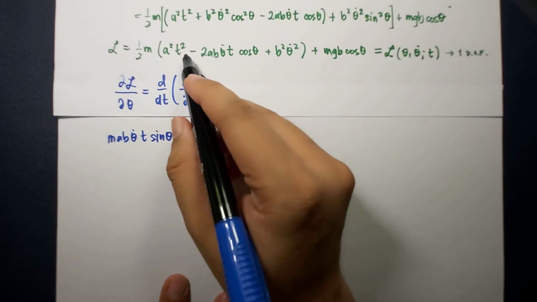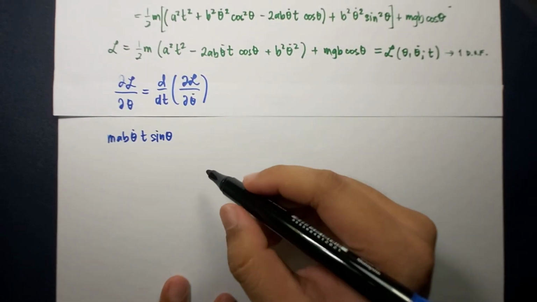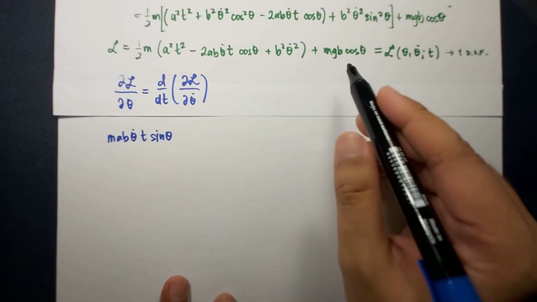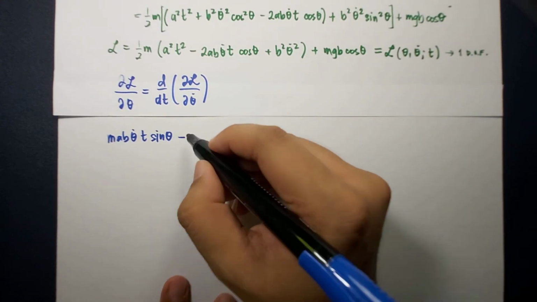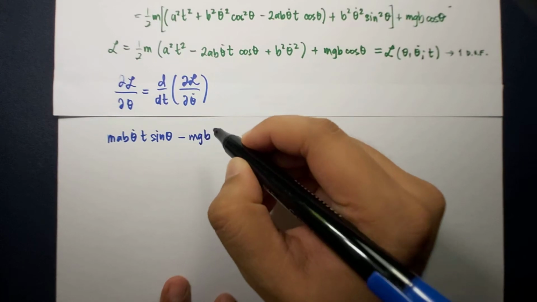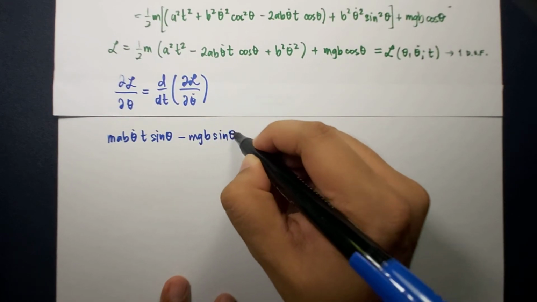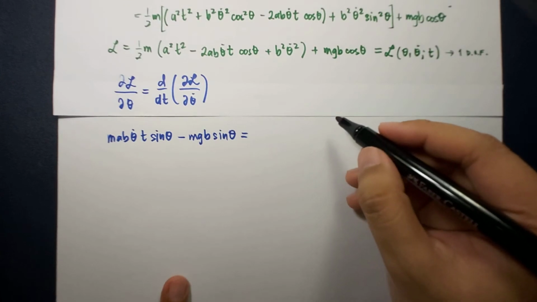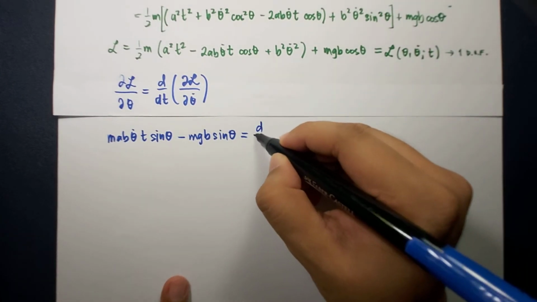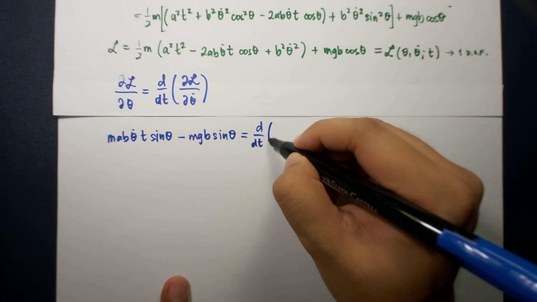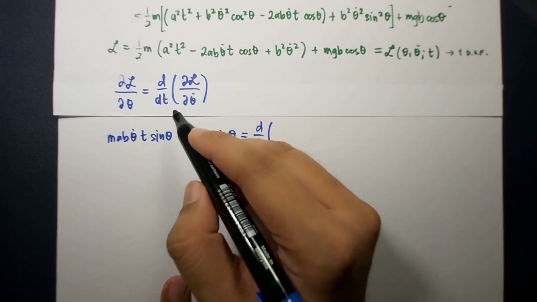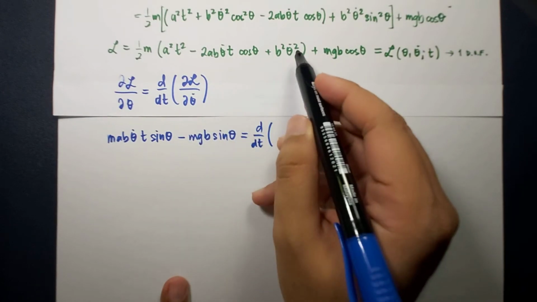Okay, so minus, so that's plus. And then also this one, so this is minus m g b sine theta. And this is equal to the total derivative with respect to time of the partial derivative of L with respect to theta dot, which is this and this.